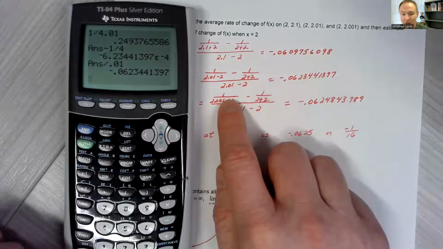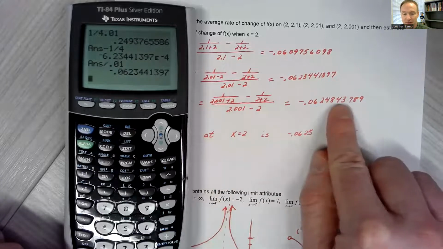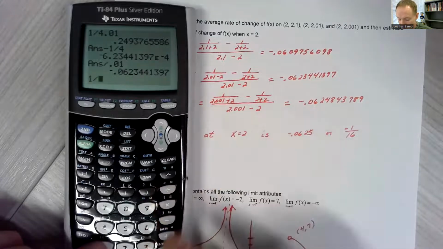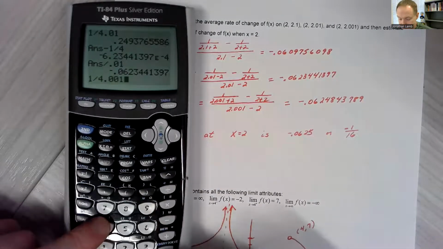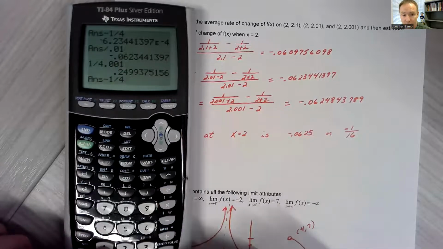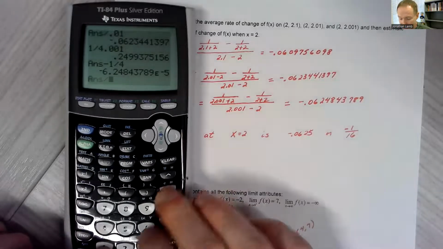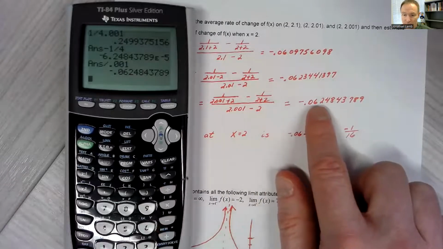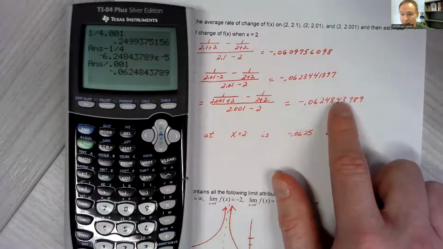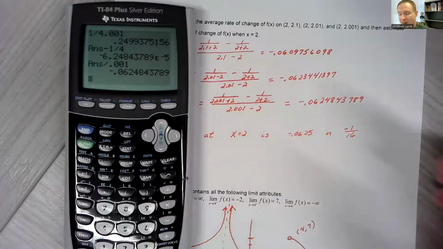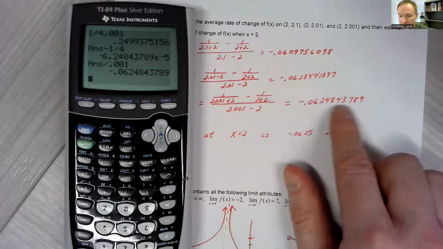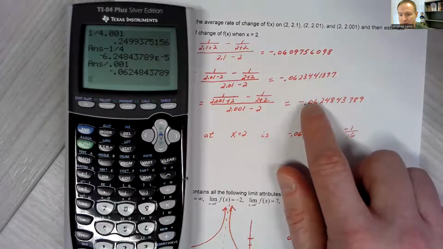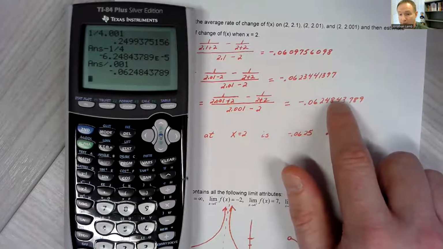Now, when I go to that first term, just to see where this number came from arithmetically, we'll get 1 divided by 4.001. That's being subtracted by 1/4. And then our denominator is only 1,000th of a unit. So you can see I get that negative 0.0624843789. Now, as you keep on doing this, you can say, okay, from this term to this term, it reduced 0.00014.